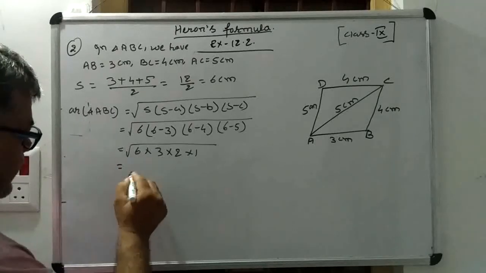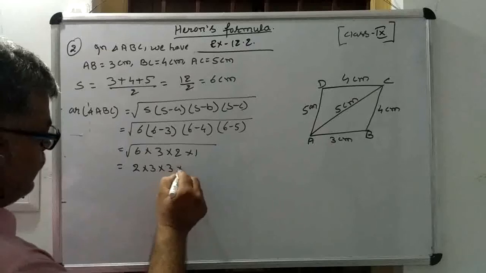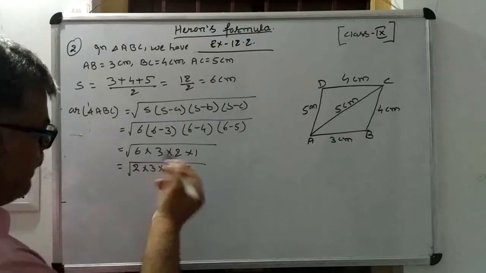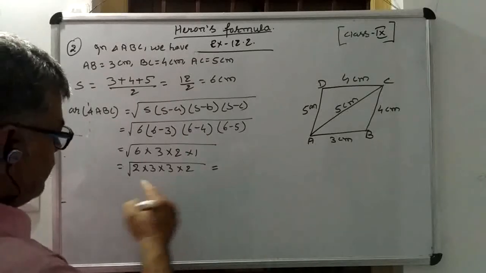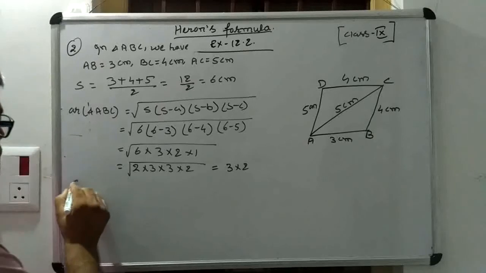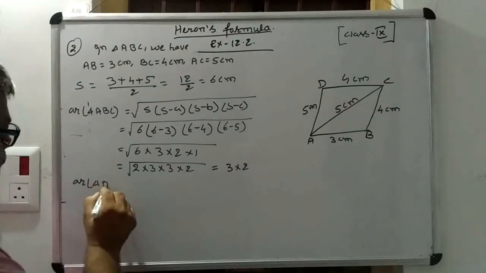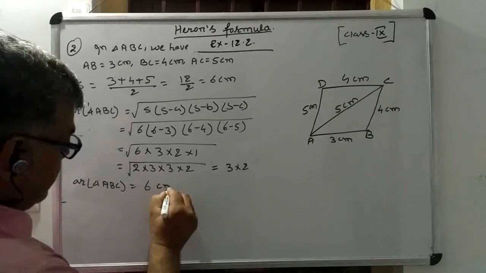We can write 6 as 2 into 3, so 3 is in pair and 2 is also in pair. So you get area of triangle ABC equals 6 centimeter square.